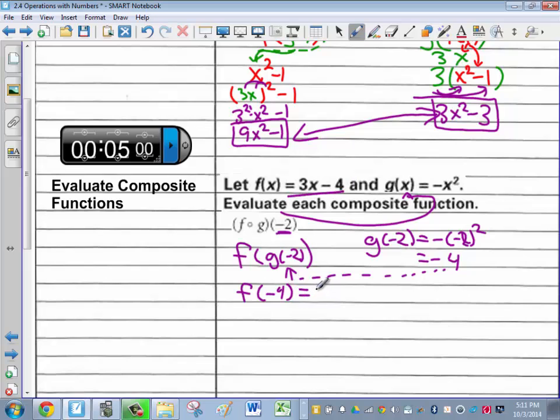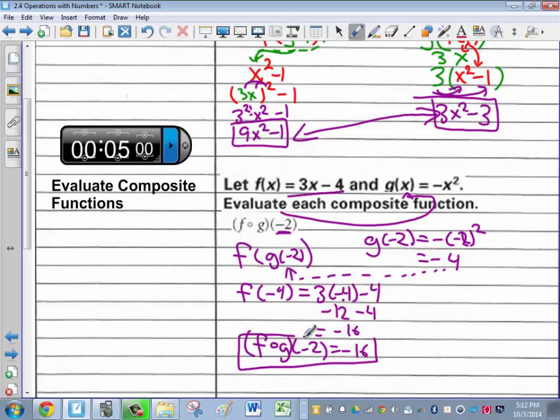F of negative 4 is equal to 3 times negative 4, when I plug that negative 4 in for this x, minus 4. 3 times negative 4 is negative 12, minus 4, and that gets me negative 16. So, in the end, f of g of negative 2 is equal to negative 16.